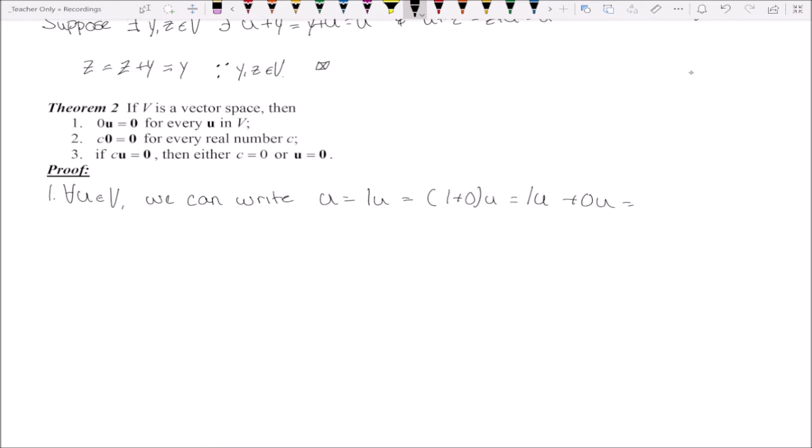Right? But 1u is just u. Right? But this must equal simply u. So if we subtract u from both sides, we get that the additive identity, adding the u inverse, is equal to 0 times u. Right? And this is because the additive identity is unique.